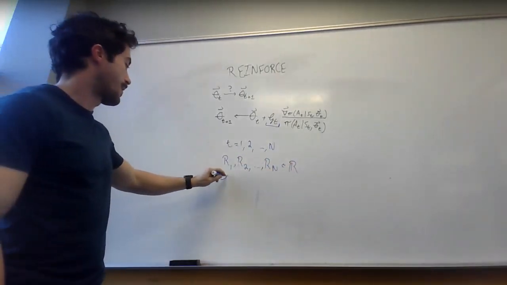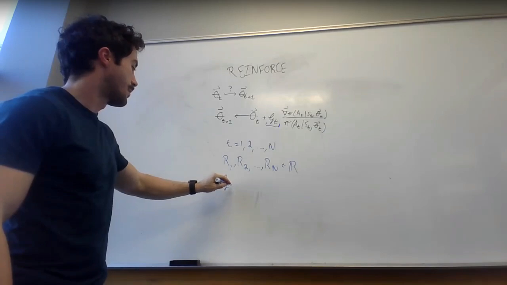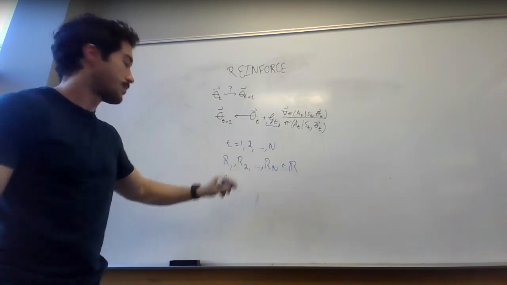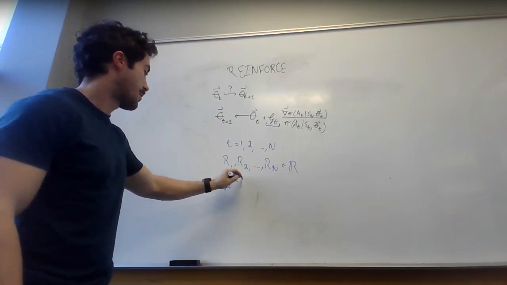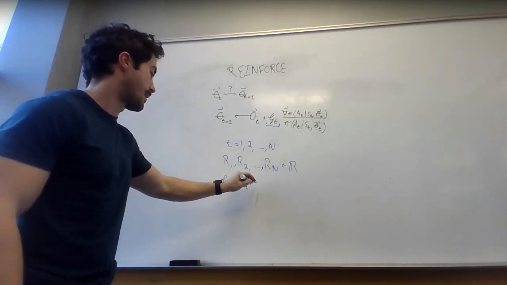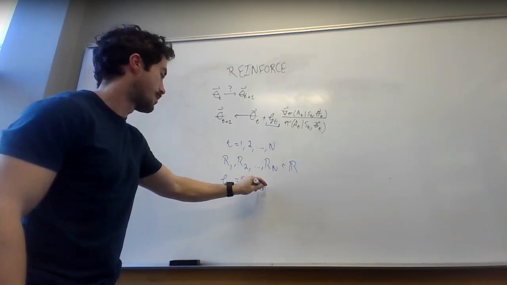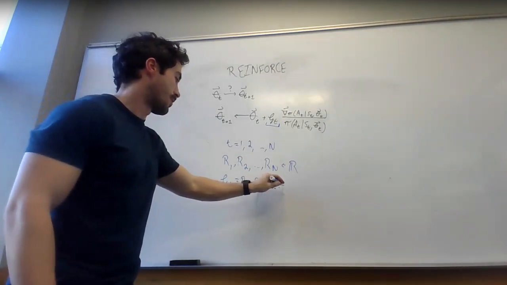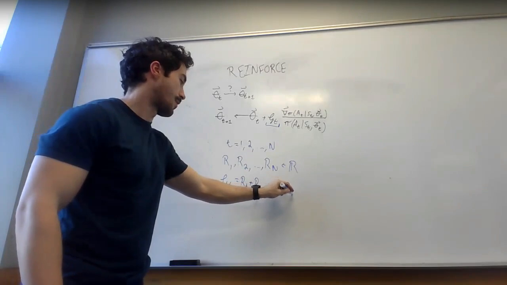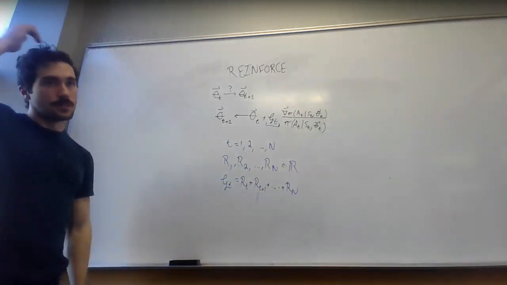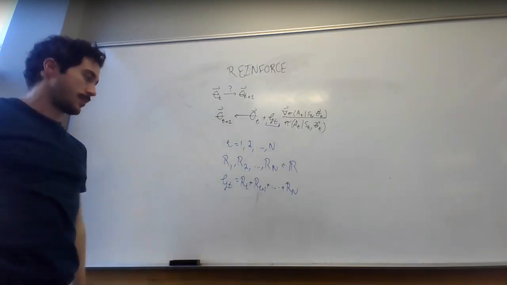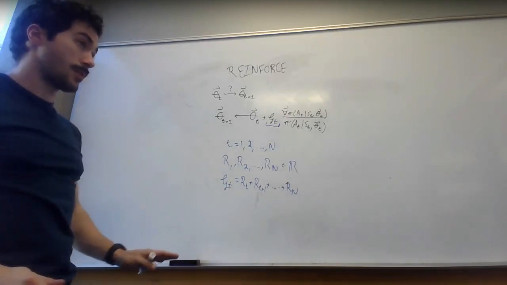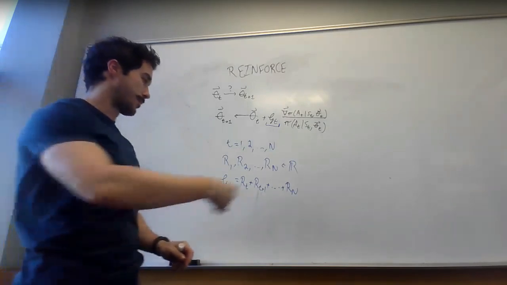And so you define G1 to be the sum of all these. So G_t in general is you look at R_t and then you add that to R_t plus 1 plus, and then you go all the way up to R_n. So it's the remaining reward after time t. This is the return at time t. Not the expected return, but the observed return after time t.